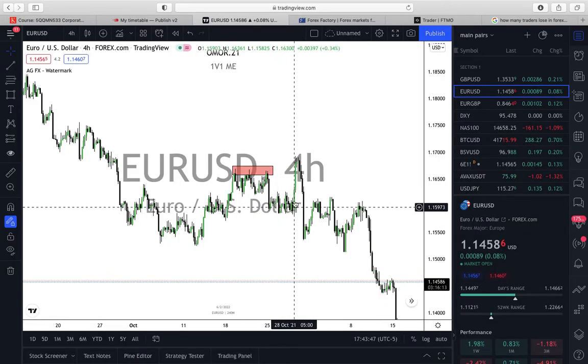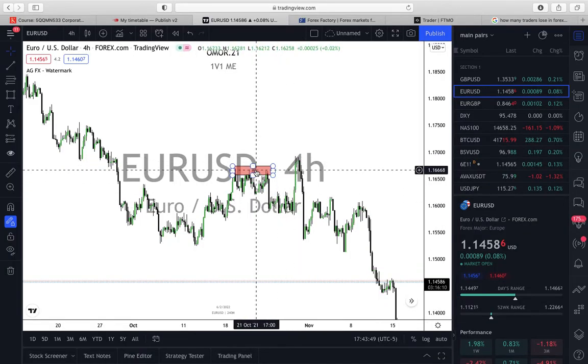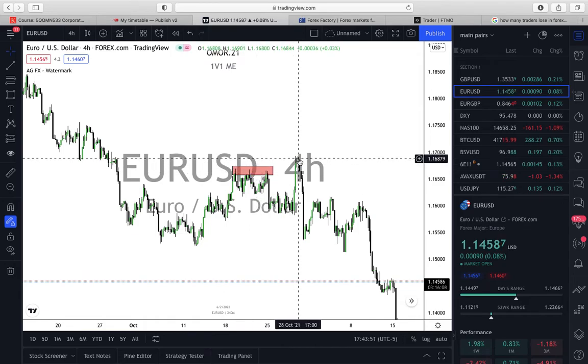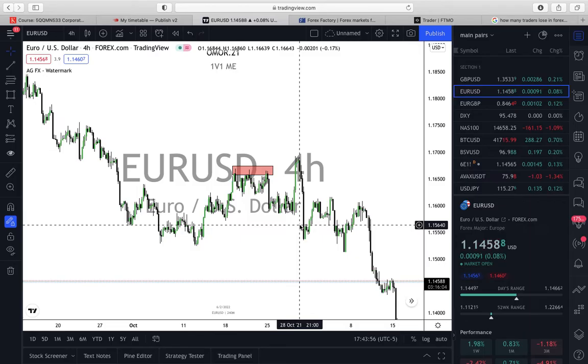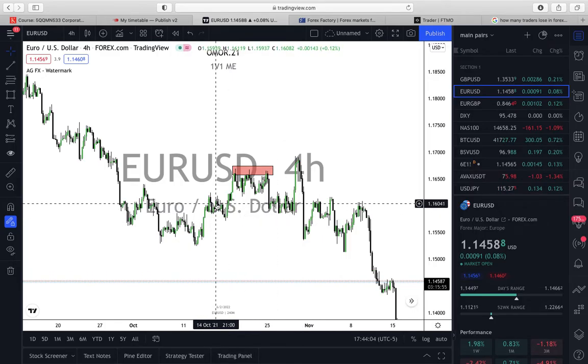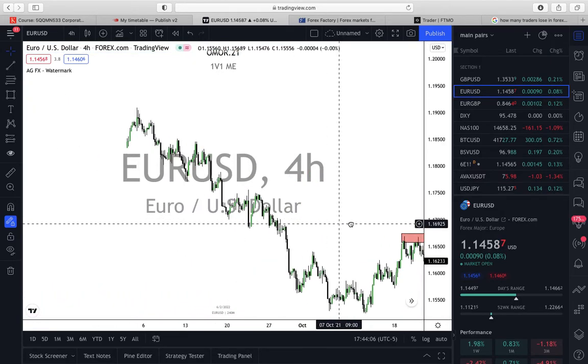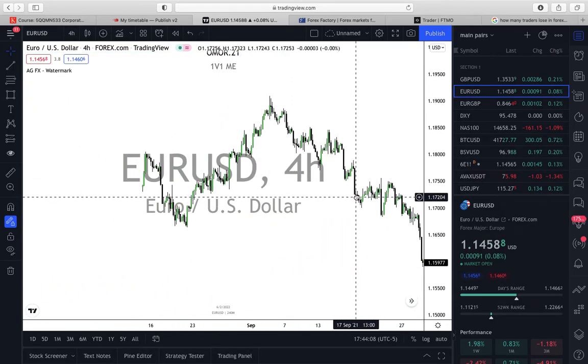Price stays here, it goes, takes out the buyers, and then there's a large move. Before every large move, you will see a high or a low taken out. Backtest it for yourself. Yeah, let's look at more examples.